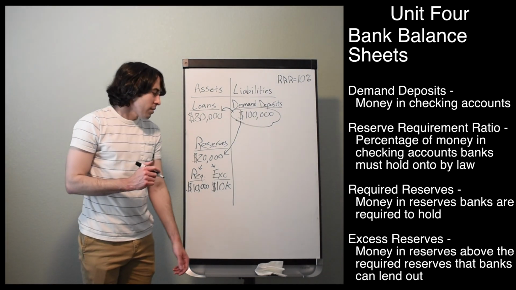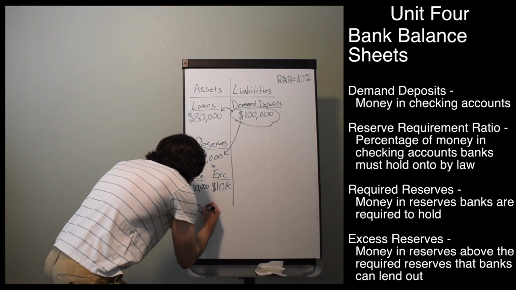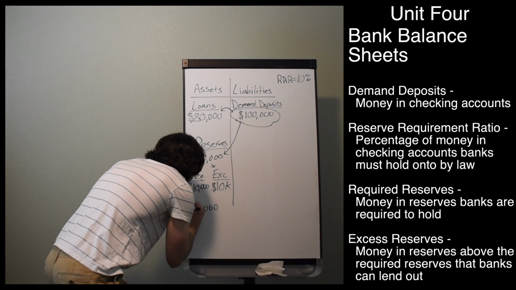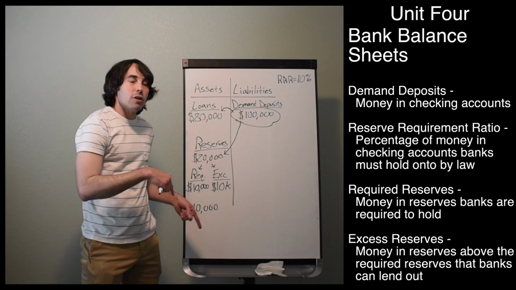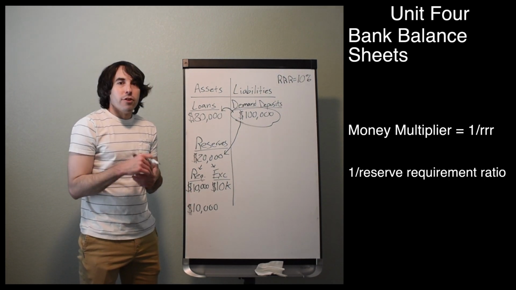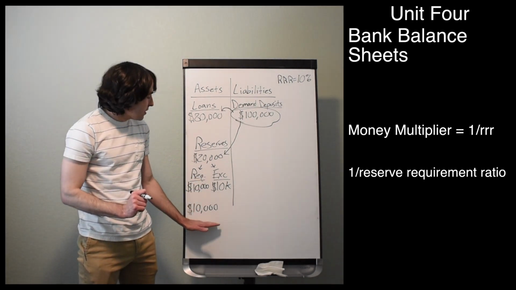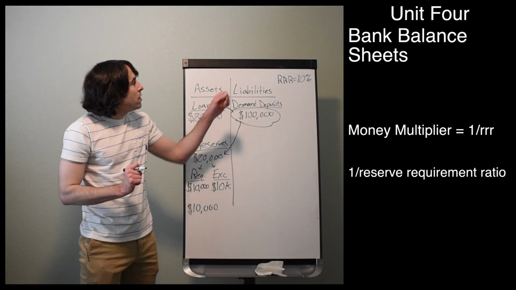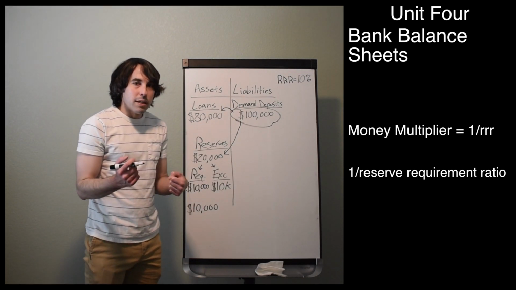So if this bank were to lend out every dollar that it's allowed to and lent out the $10,000, and every single person that came into this bank and took the loan out put the money back in their own checking account and their banks lent it out over and over and over again, then there's going to be a greater increase to the money supply than just the initial loan of $10,000. So we need to take our RRR and figure out our money multiplier.